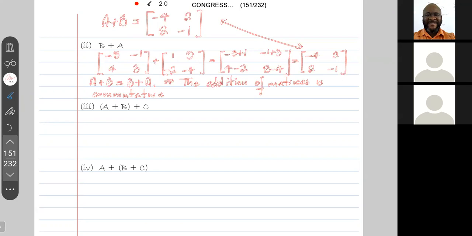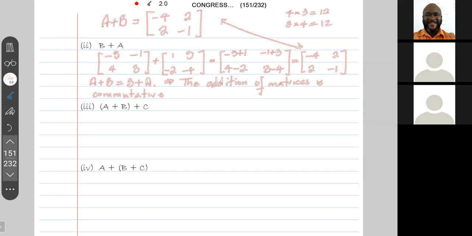We dealt with commutative last class. When you change the order of the numbers and the answer comes out to be the same, we say that the operation is commutative. So for example, 4 times 3 is equal to 12, and 3 times 4 is equal to 12.